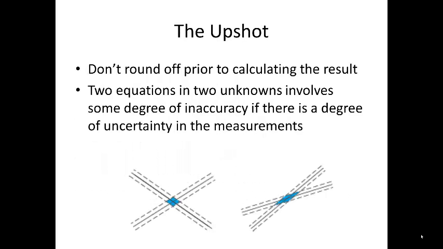And again on this slide you see don't round off prior to calculating the result. We have 2 pictures here, and this is figure 1.2 from the text. What we can see here is there's some degree of uncertainty in lines. Errors from measurement or round off errors. Then basically what we get is a small trapezoid for the answer instead of a sharply defined point that we would expect in pure mathematics.